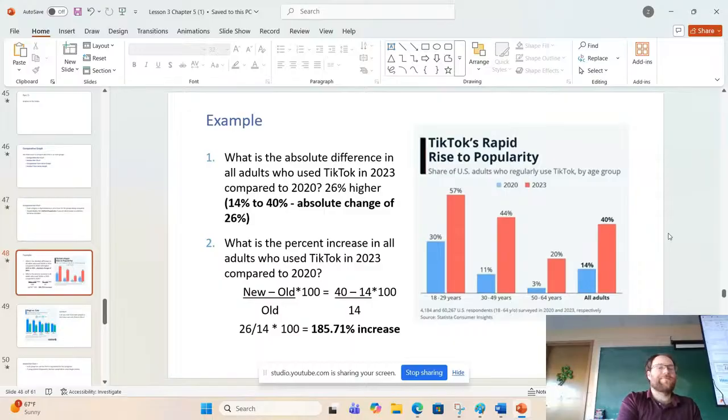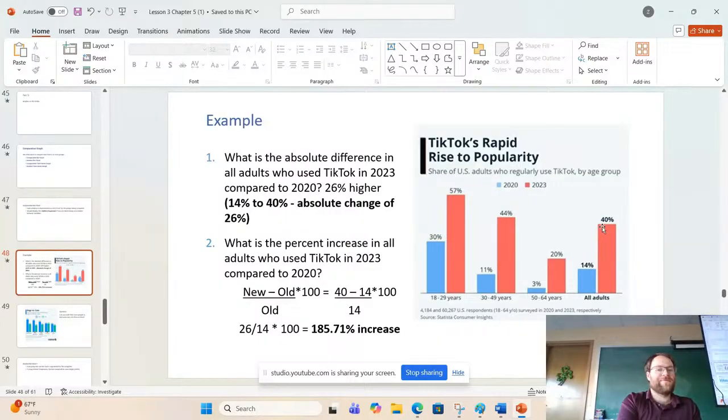If we were tripling, 14 times 3 would be 42.